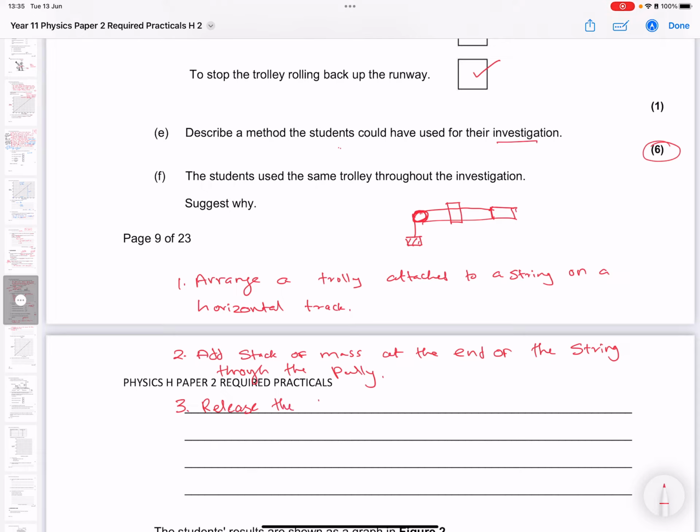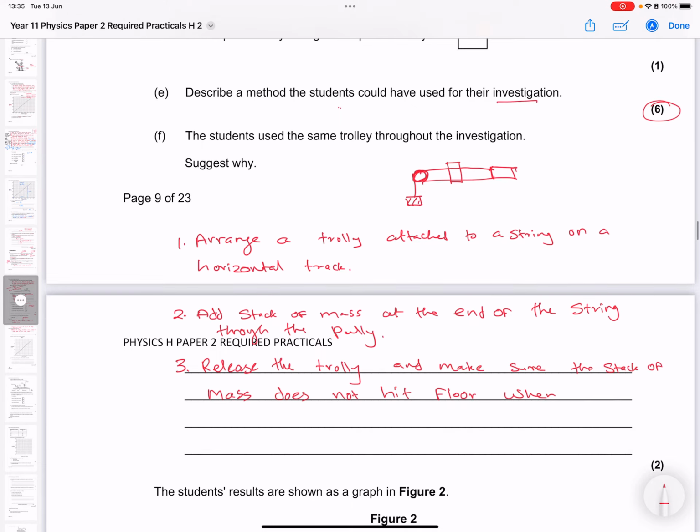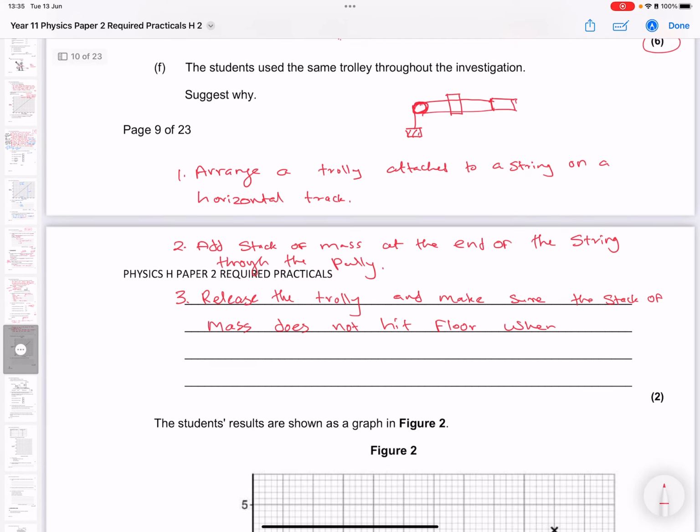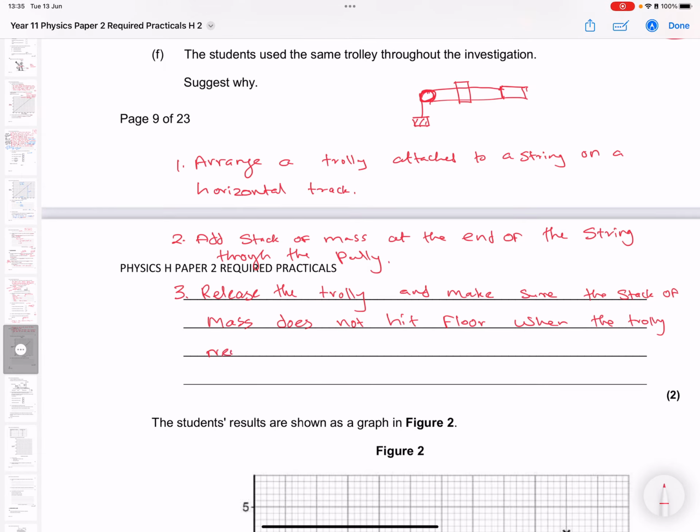Okay, and what you're going to do, release the trolley, and make sure the stack of mass does not hit the floor when the trolley reaches the end.